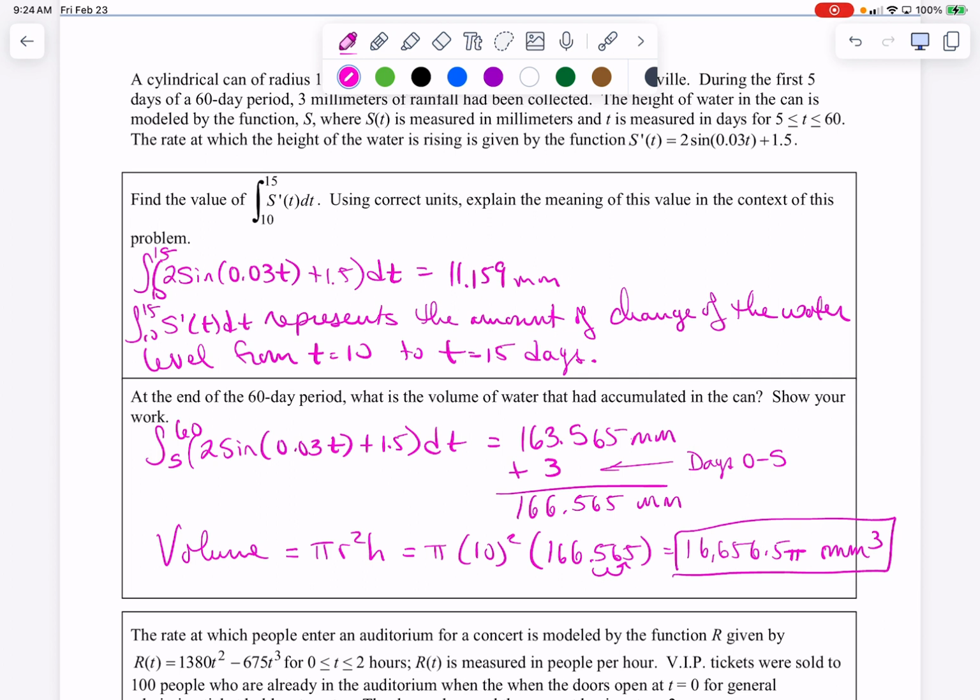If we multiplied by pi, it would be 16,656.5 times pi. Oh, okay, I see. 52,329.9, 27.9 millimeters cubed. Yeah, that's what I got. Okay, so both of them are the same.